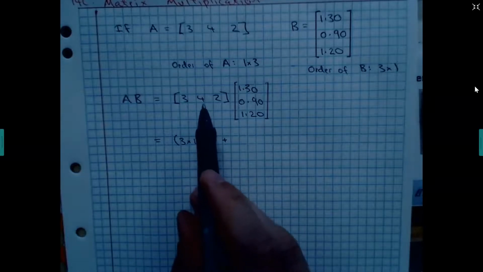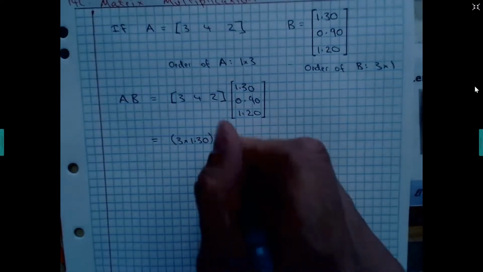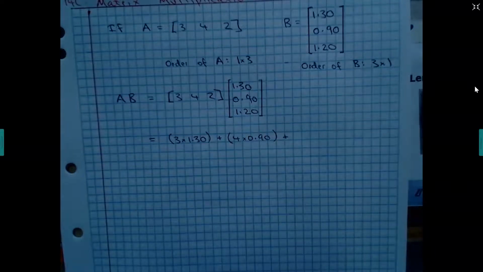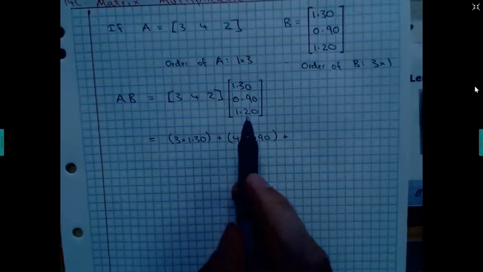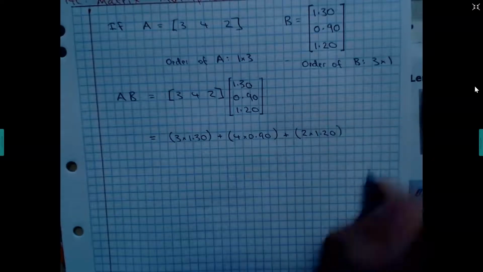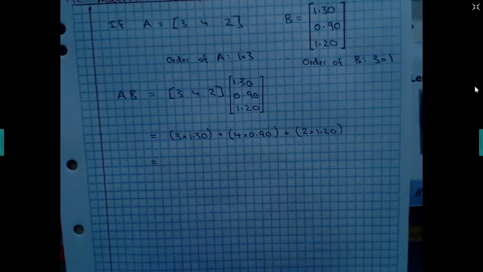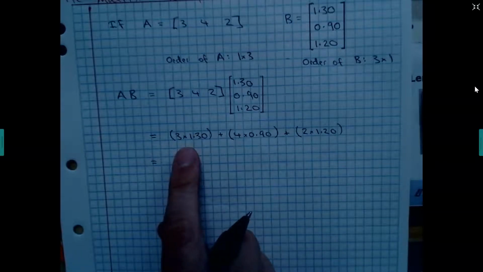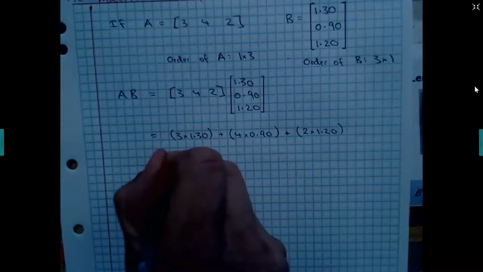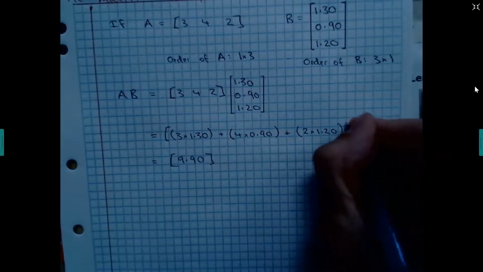We go to our second value, this one multiplied by this value here, so it's 4 times 0.90, plus we take our third value, 2 times 1.20, which is equal to, now this is just a matter of simplifying, so you could just use your calculator, but it comes out as 990. See how it's just one value? It's a 1 by 1 matrix.